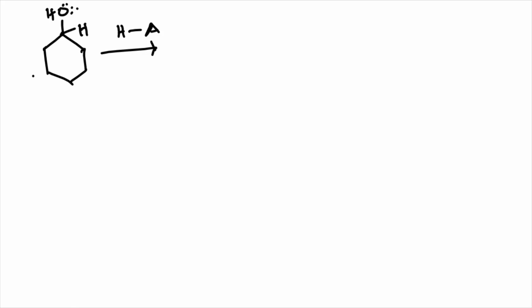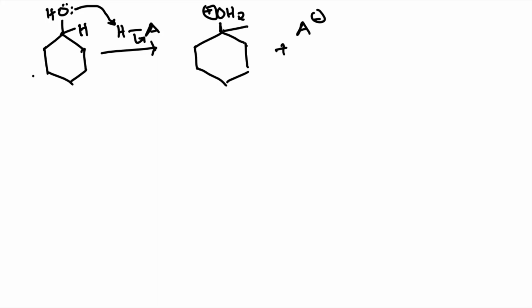This oxygen will get the hydrogen from the acid, and this is going to break. And what you're going to have is a protonation of the oxygen there. So since oxygen is attached to three things, it is going to be positively charged. This A got the electron, so it will be negatively charged in solution.